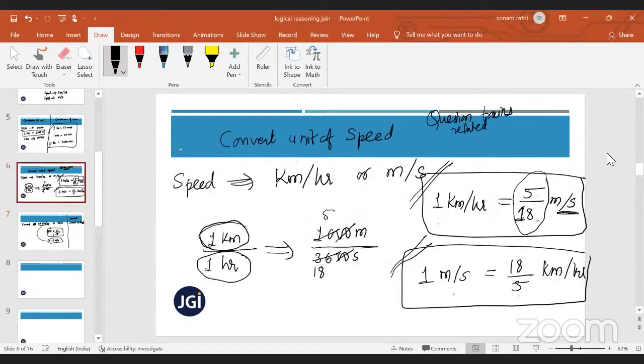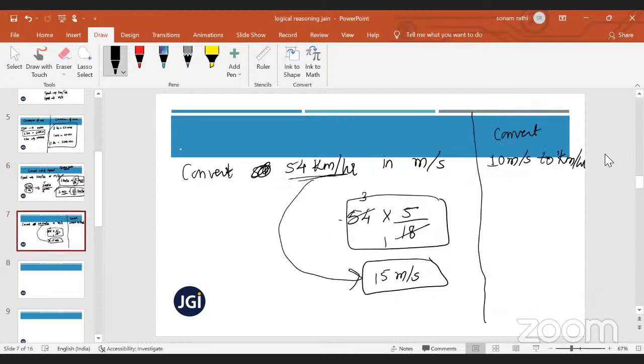I know that 1 meter per second is 18 by 5 kilometer per hour. So what I will do is 10 into 18 by 5.